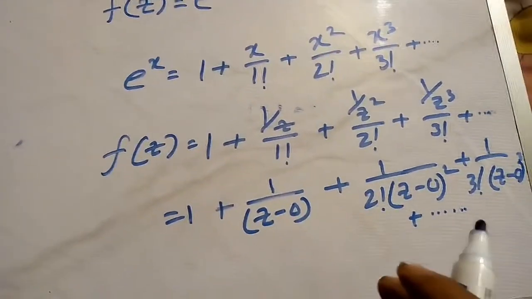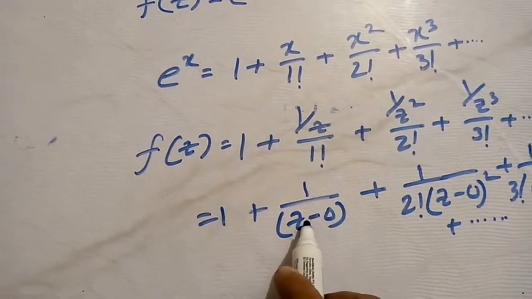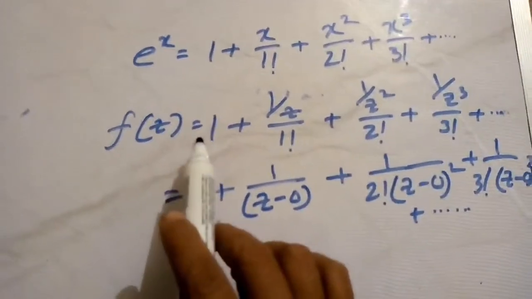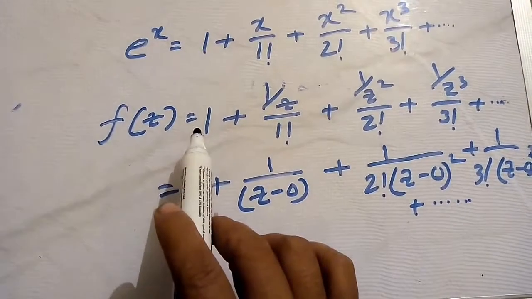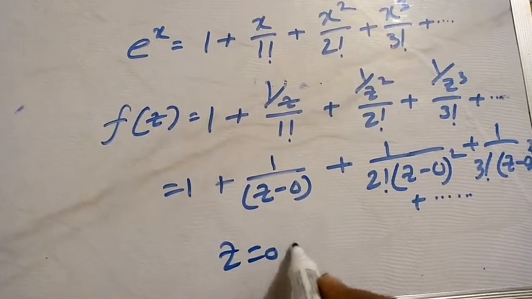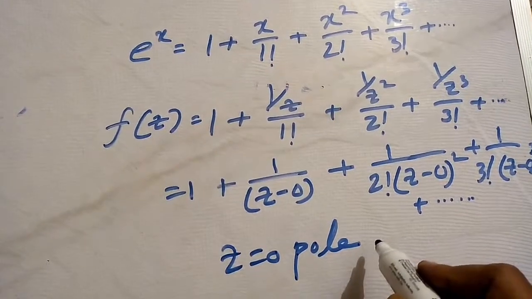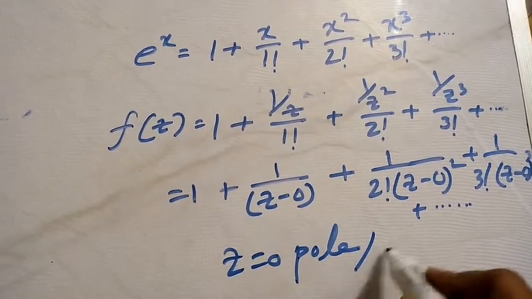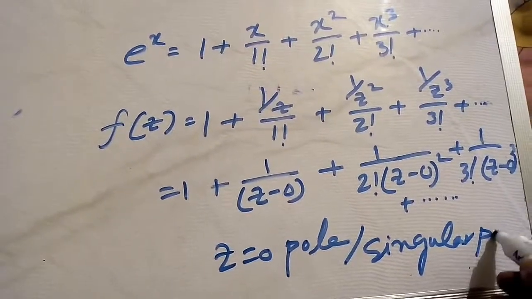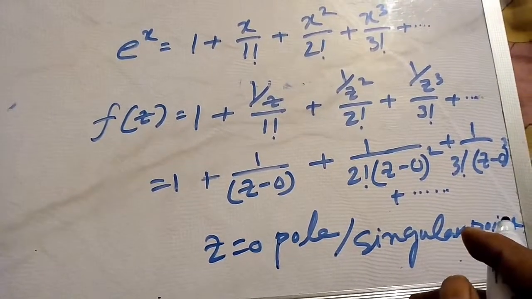It means for the value of z equal to 0, the function tends to infinity. That means the function holds singularity. So z equal to 0 is a pole, or we can say z equal to 0 is a singular point. Clear?